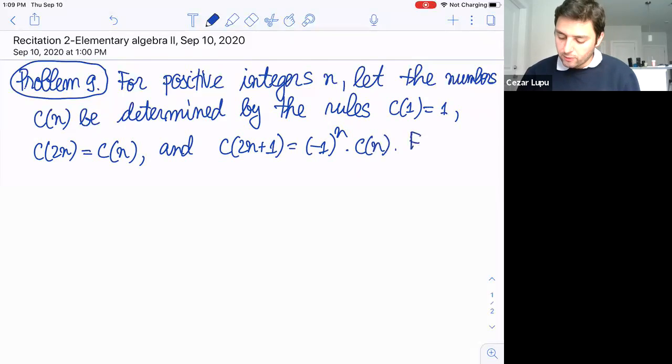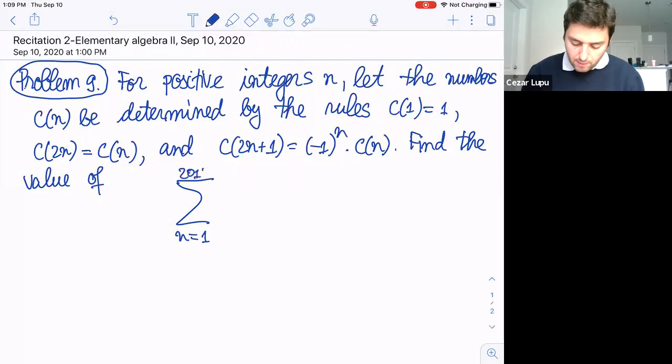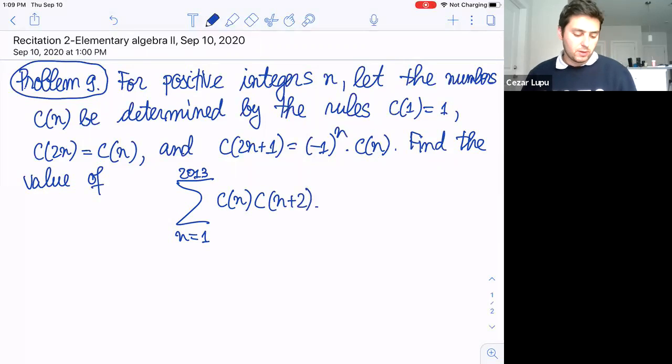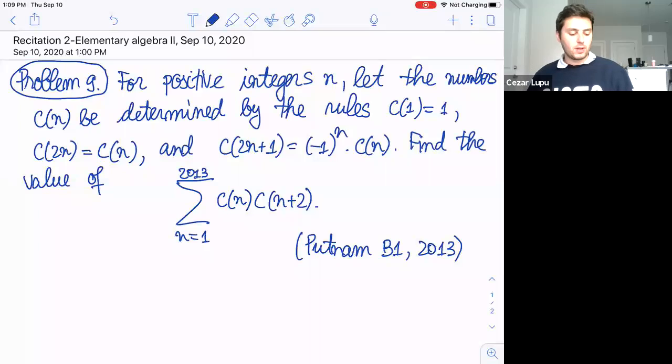And now we're asked to find the value of this sum, the sum from n equals 1 to 2013 of Cn times Cn plus 2. Okay, so this was Putnam B1 in 2013, right? So that's the problem.